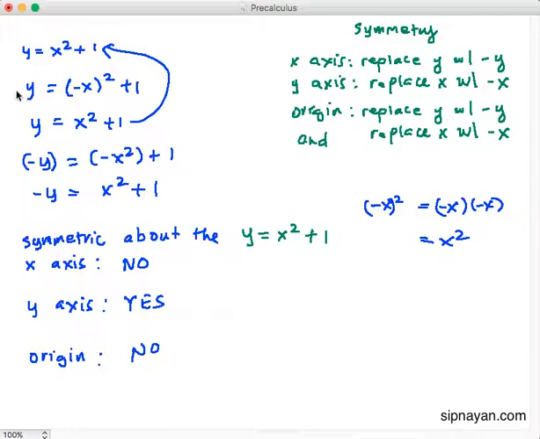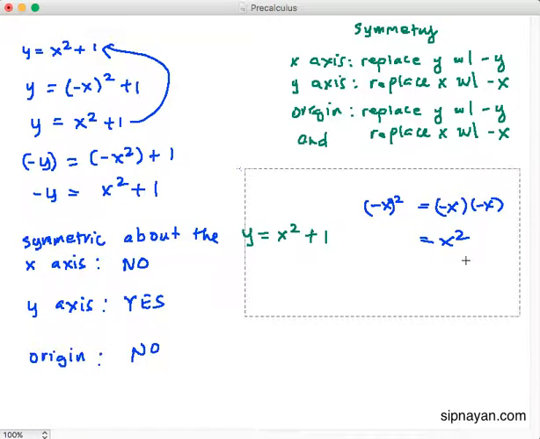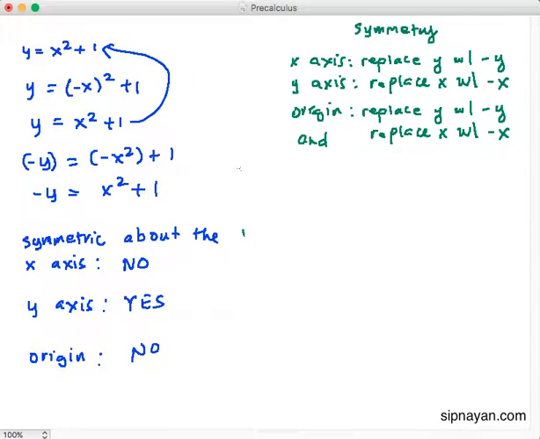Okay. In fact, another strategy, of course, is this: we said for the x-axis, what does a point on the x-axis look like? If it is symmetric about the x-axis, your x, y becomes x, negative y, from the previous video.